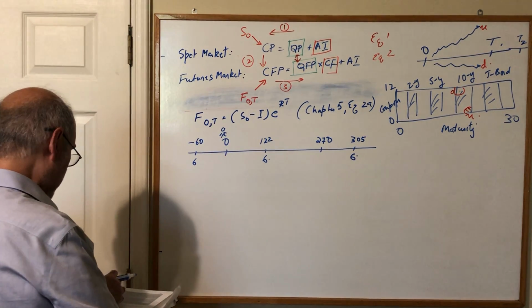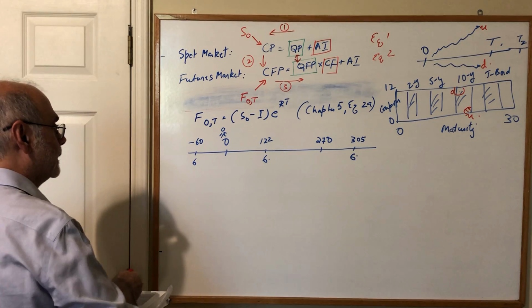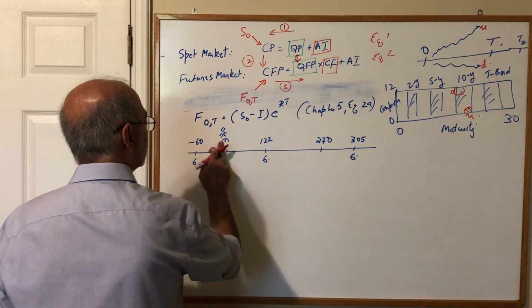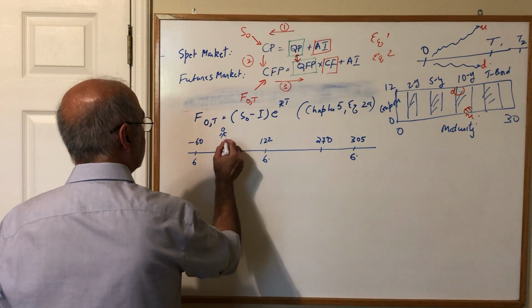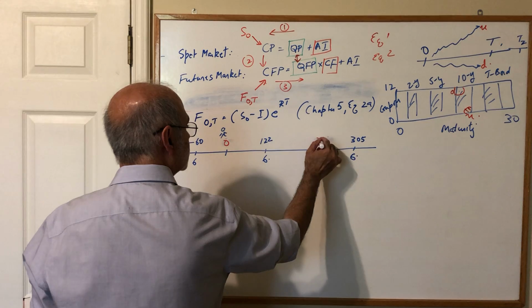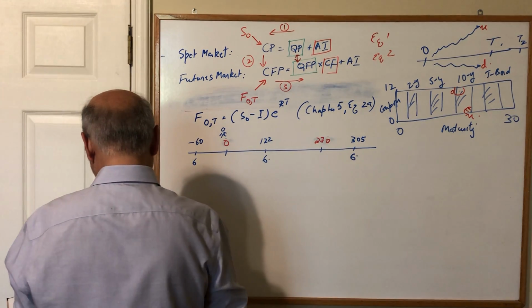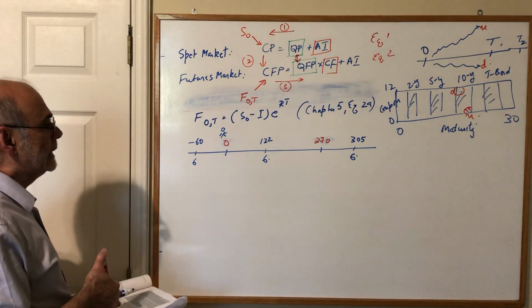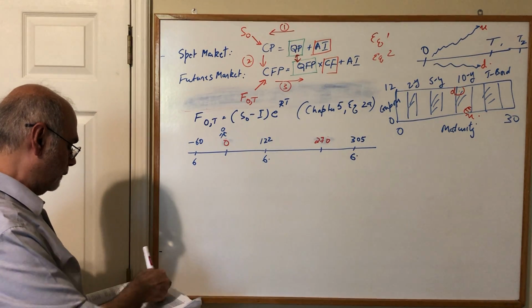Okay, so for convenience, to distinguish between which is which, I'm going to put this in red. In red, what that does is it tells me the parameters of the futures contract.